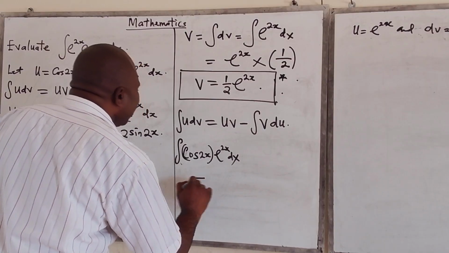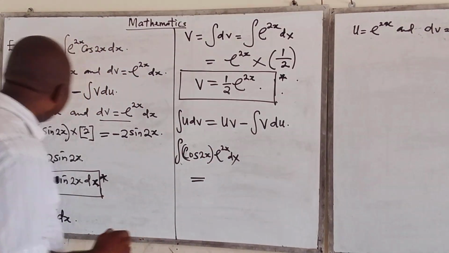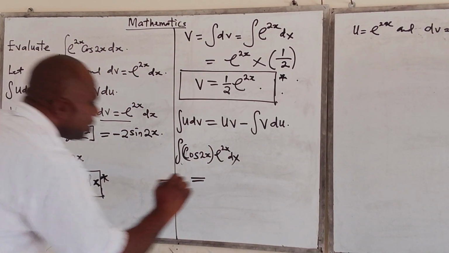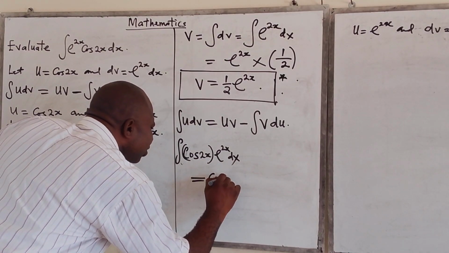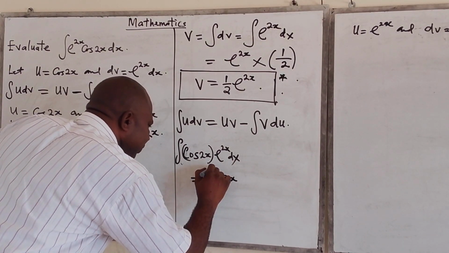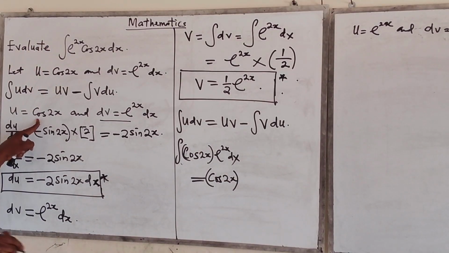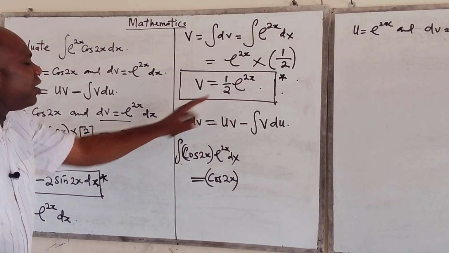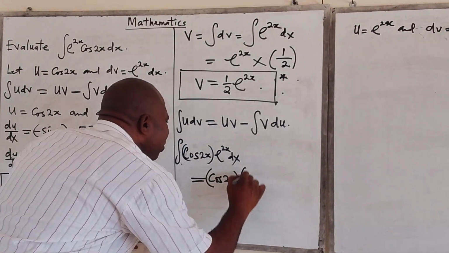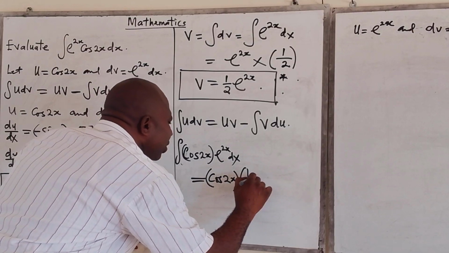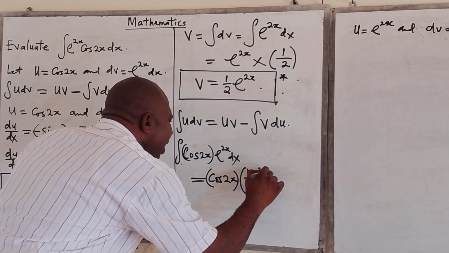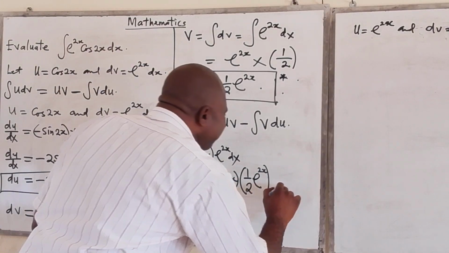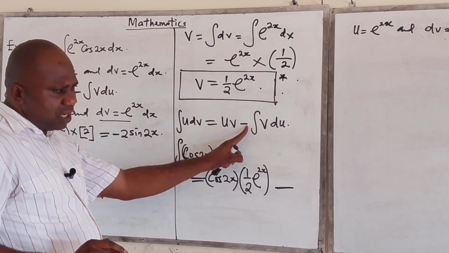Now this will be equal to, you pick the value of u. The value of u is cos 2x. Then now the value of v. The value of our v is 1 over 2 e raised to the power of 2x. Then here we have minus. Look at the minus here.